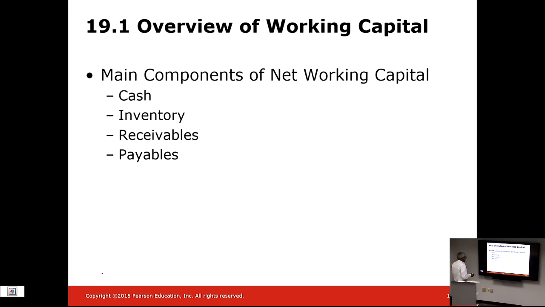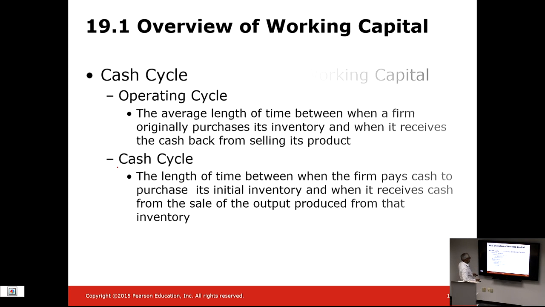So again, these are the main components of our working capital, and we have to manage them in a way that gives us enough liquidity without losing too many opportunities for investment.